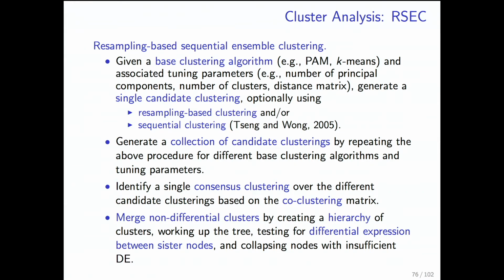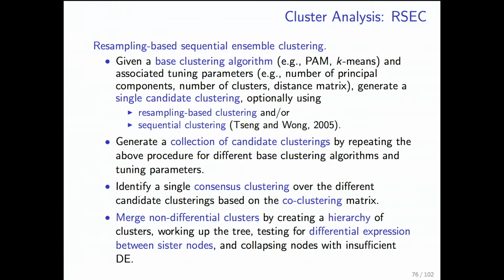And then we have the option here of also doing sequential clustering as proposed by Tseng and Wang in 2005, and also doing resample-based clustering, like on bootstrap samples of the cells. So this gives us one candidate. We repeat this process to generate a collection of candidate clusterings. Then based on this collection of clusterings, we identify a single consensus clustering based on the co-clustering matrix.